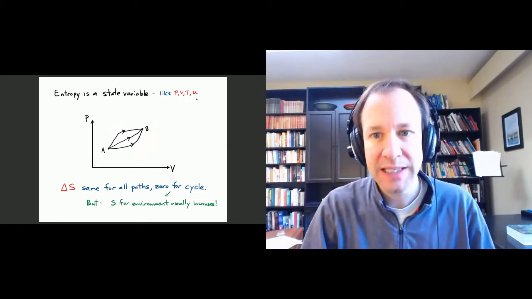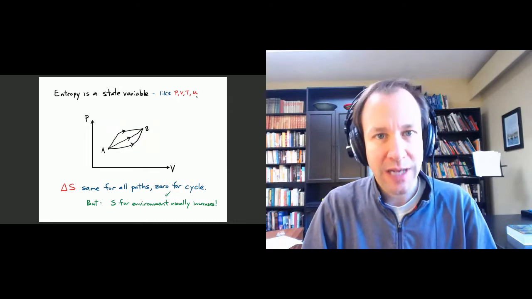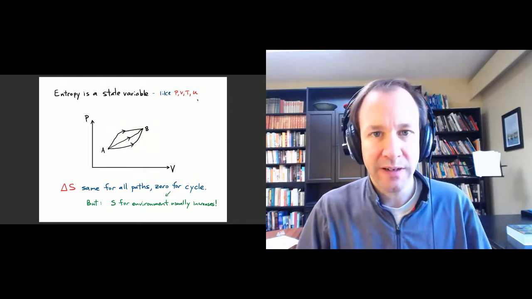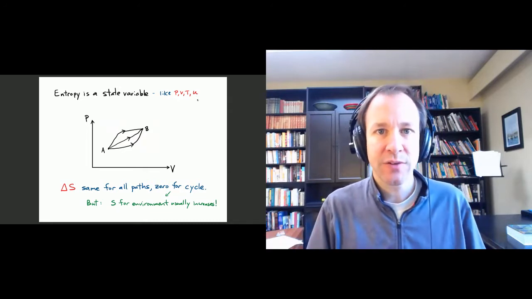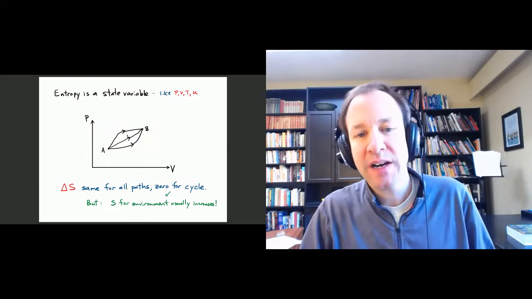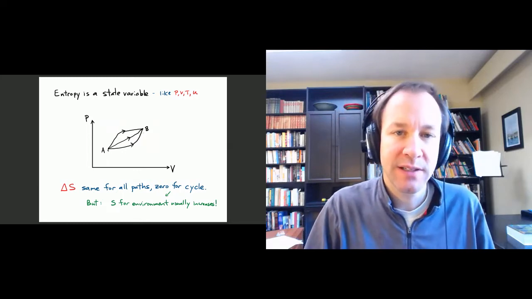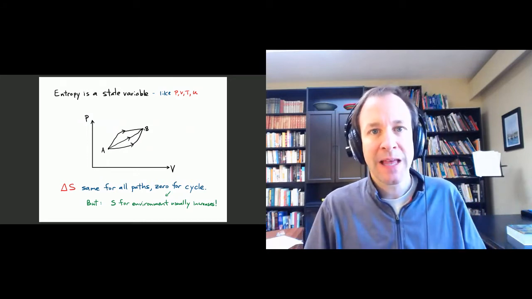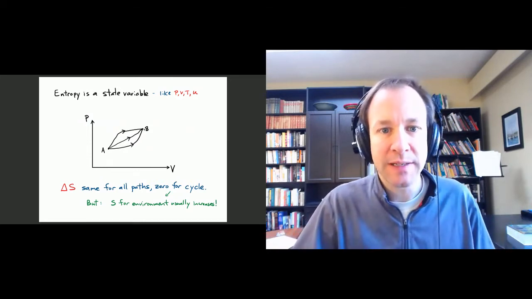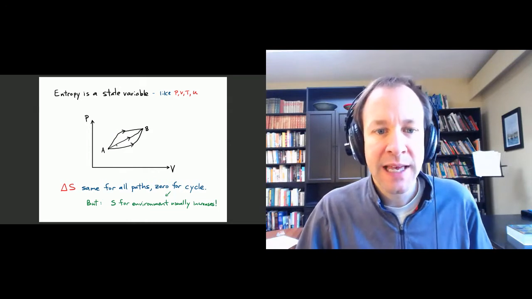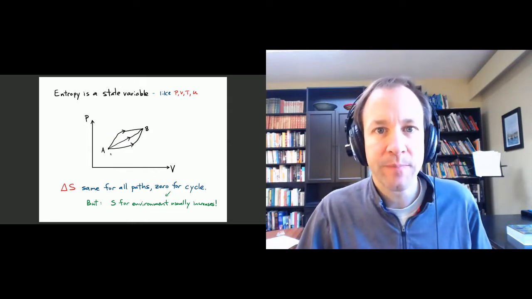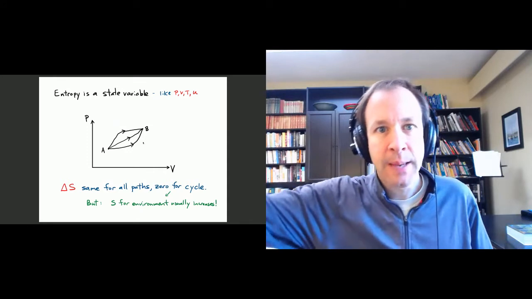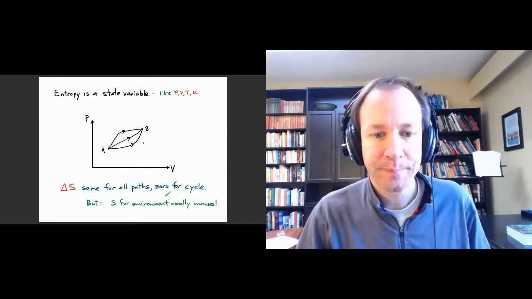Given P, V, T, and U, we could in principle figure out what the entropy is. That means when I have various processes from some initial configuration to some final configuration, and I want to know the change in entropy for these various processes, it will be the same for all of them. It'll just be the entropy at B minus the entropy at A.